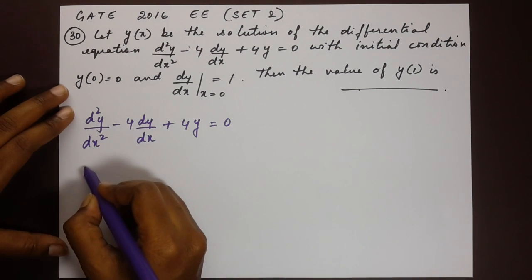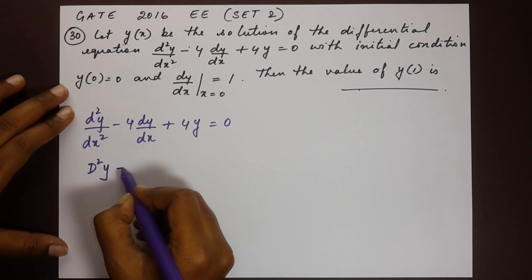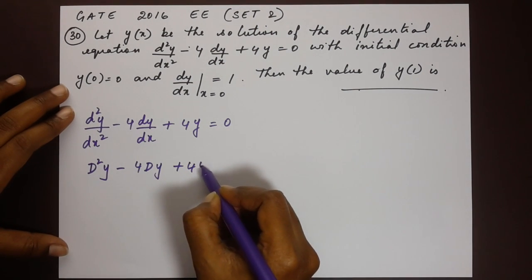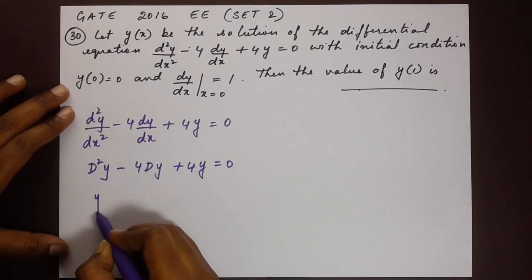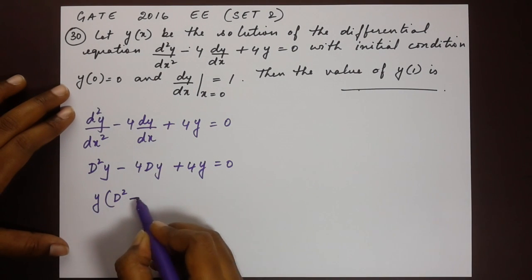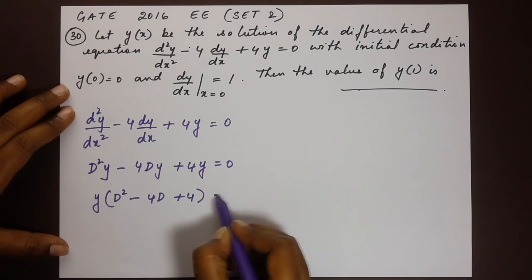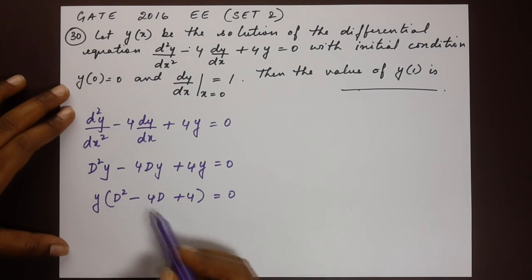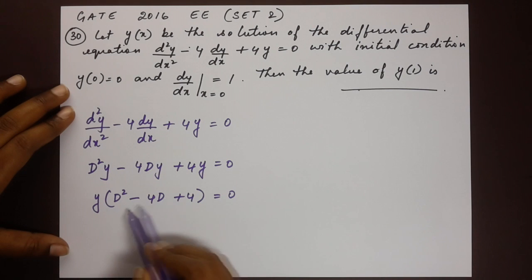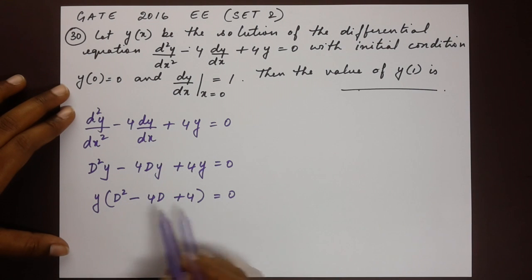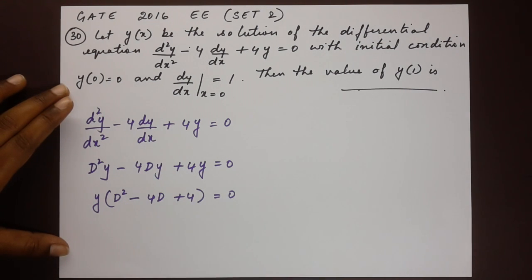So we will have d square y minus 4 dy plus 4y is equal to 0, and the auxiliary equation becomes d square minus 4d plus 4 is equal to 0. We find out the values of d from this equation within the brackets.